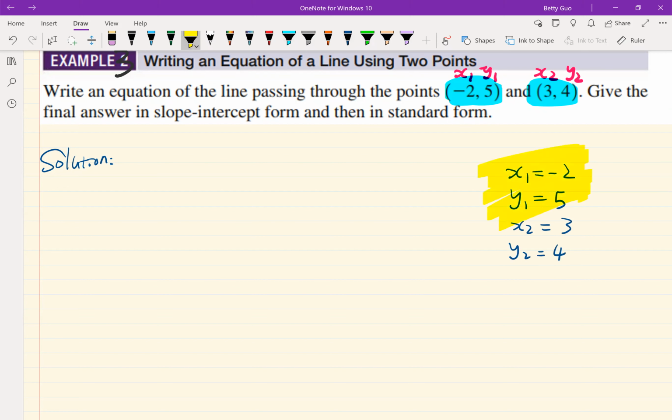Only takes a couple of seconds. And then you copy the formula: m equals y sub 2 minus y sub 1 all over x sub 2 minus x sub 1. Step 3, plug in. I'm gonna leave step 3 for you. Please work on it. Find the slope for the line.